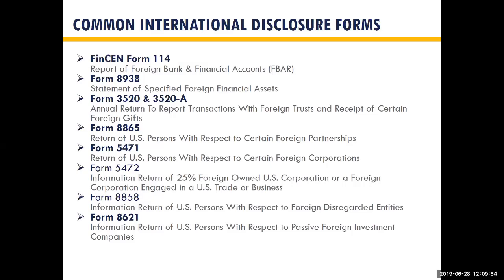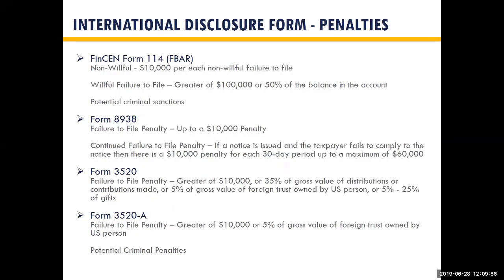So this next slide is really around the penalties around these forms. This is why these forms are such a big deal, because of these penalties. As discussed earlier, each of these forms carries with it significant civil penalties and sometimes criminal penalties.